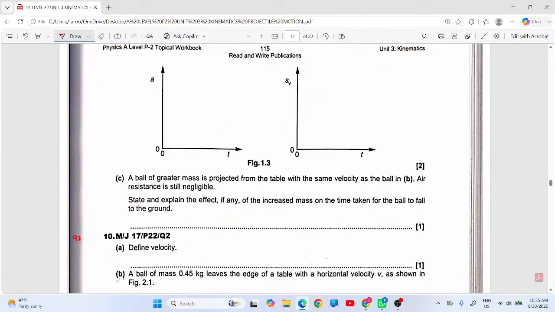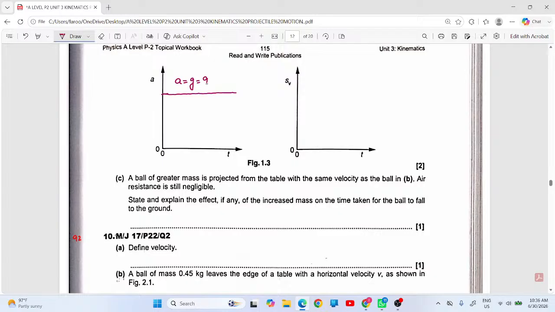How do we do this? Acceleration is constant, it remains the same, because here a equals g, 9.81.